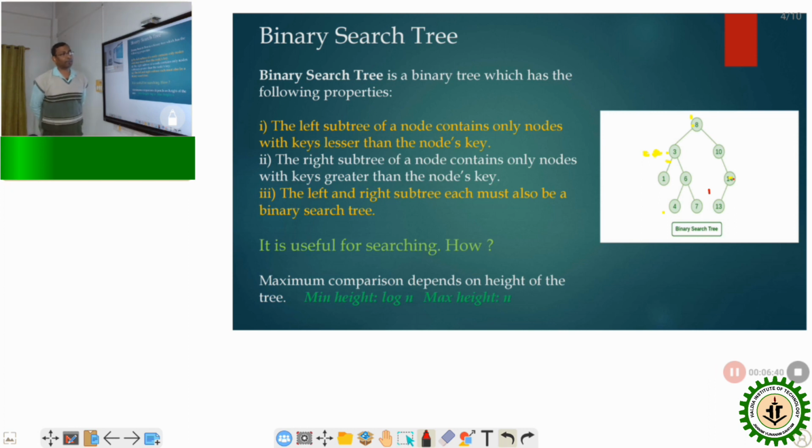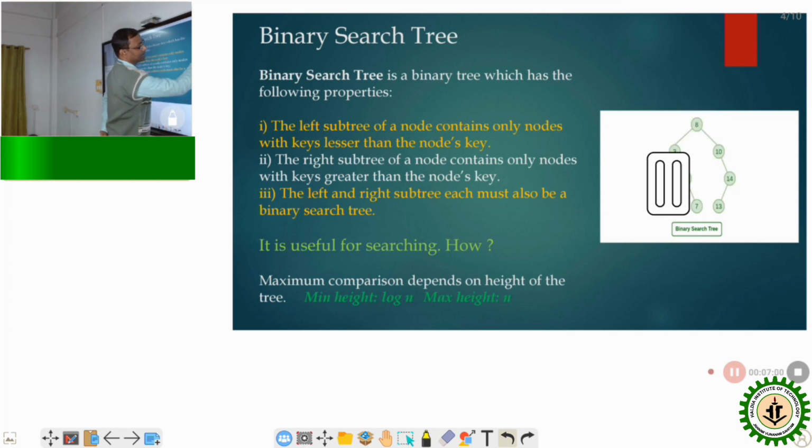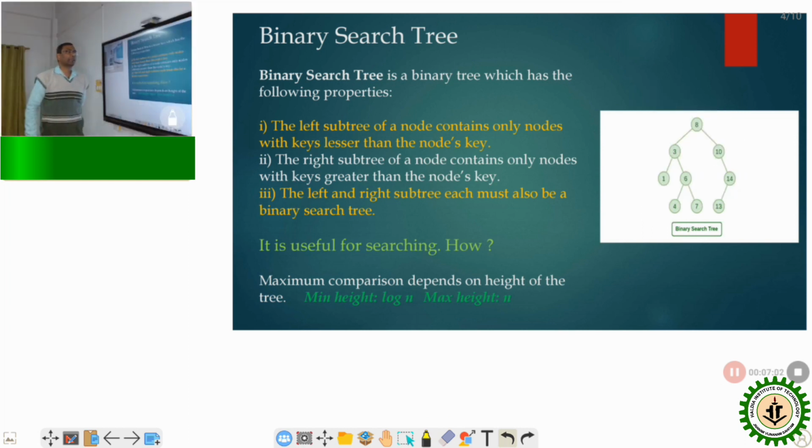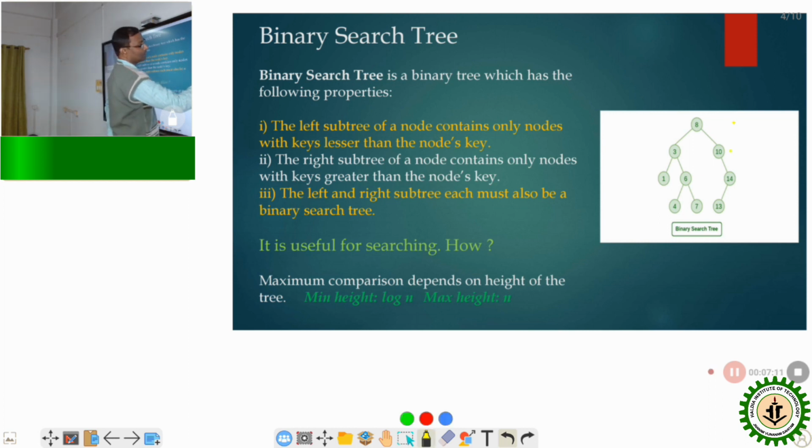If we count the comparisons, how many have we done? 1, 2 and 3. So by comparing only 3 elements, we can say whether the element is present or not in this binary search tree. The number of comparisons always depends on the height of the tree. In this case, what is the height? Height is 1, 2, 3 and 4.